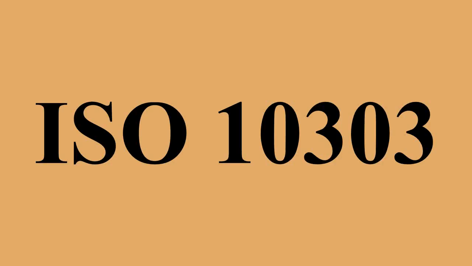AP 236, Furniture Product Data and Project Data. AP 239, Product Life Cycle Support. AP 242, Managed Model-Based 3D Engineering. The modular editions of AP 209 and 210 are explicit extensions of AP 242.